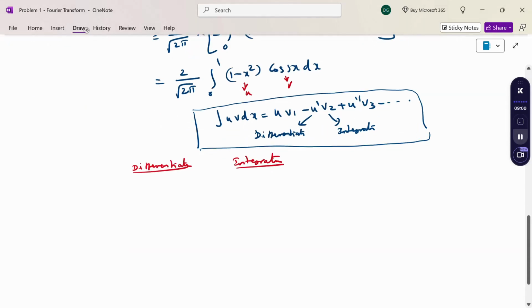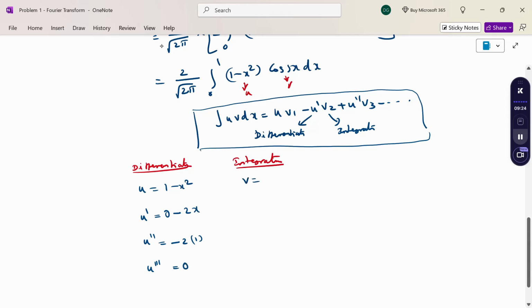So u, what is the value of u? 1 minus x square. When I differentiate, u dash: 1 constant 0, minus x square differentiation 2x. Then u double dash: constant 0, minus 2x differentiation 1. And u triple dash, again differentiation, all the values are constant, therefore 0 and so on.